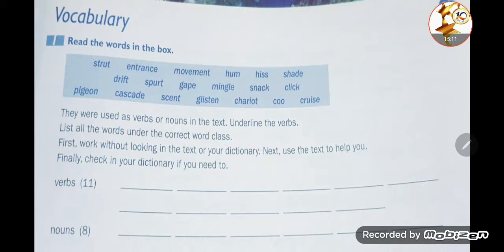Please take your pencil or pen and write down the meanings of all these vocabulary words.